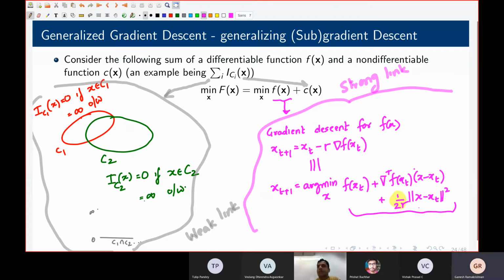That's straightforward. You take the gradient of this with respect to x. So you basically get 1 upon gamma times, what's the gradient of the norm of x minus x_t squared? It will be x minus x_t. This f(x_t) is just a decoration. It will go away anyway when you take the gradient.